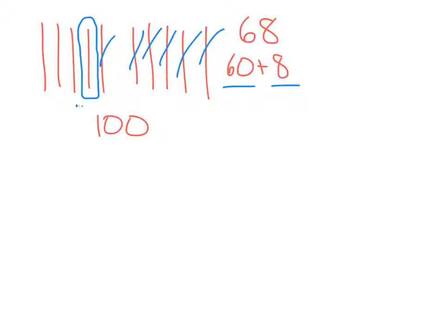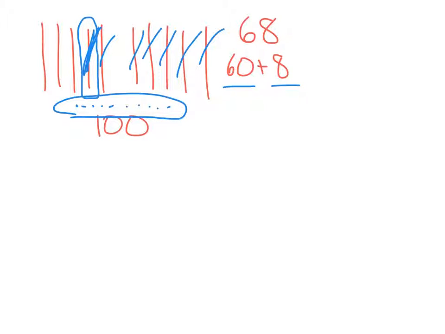So I have 1, 2, 3, 4, 5, 6, 7, 8, 9, 10. So I'm going to cross off this extra 10. And I have 10 ones that I've made now down here instead of 1 10. 10 ones is the same as 1 10.